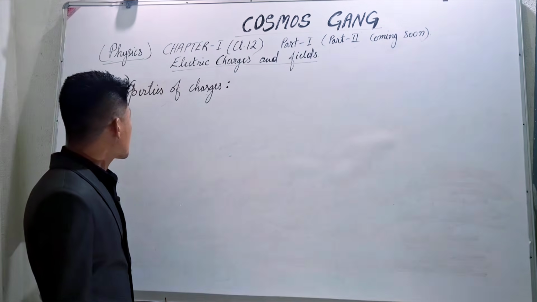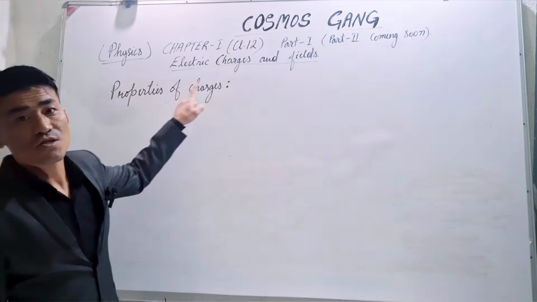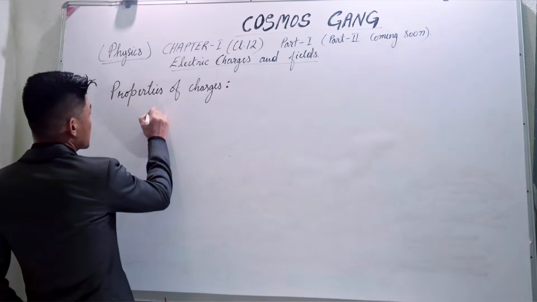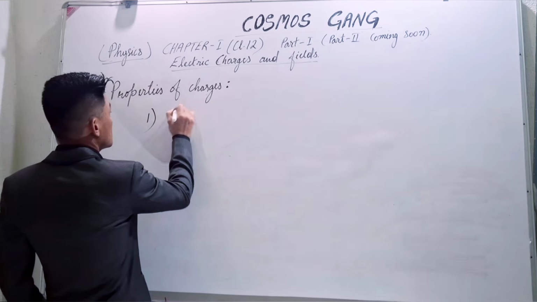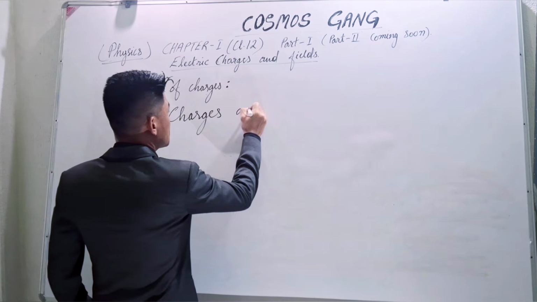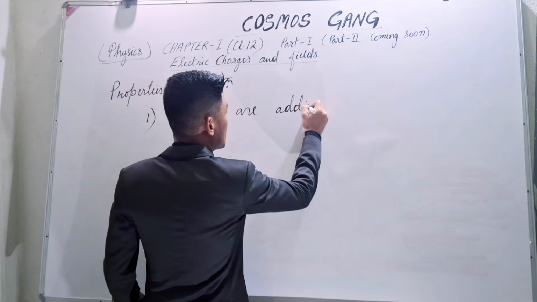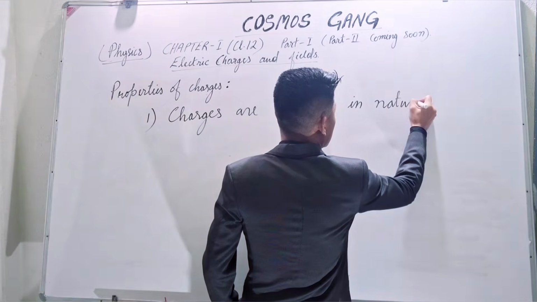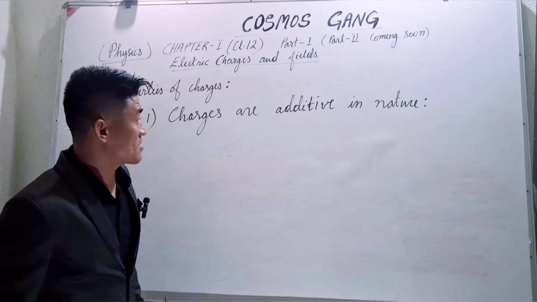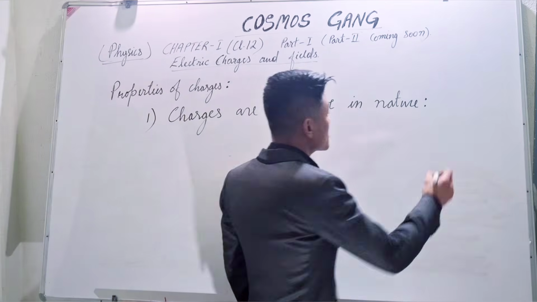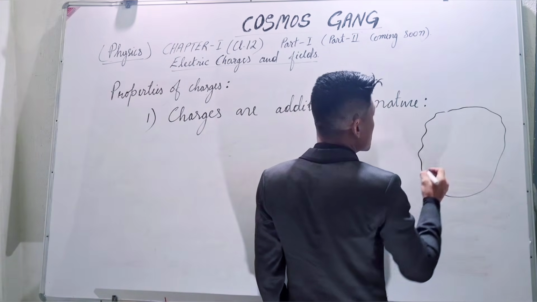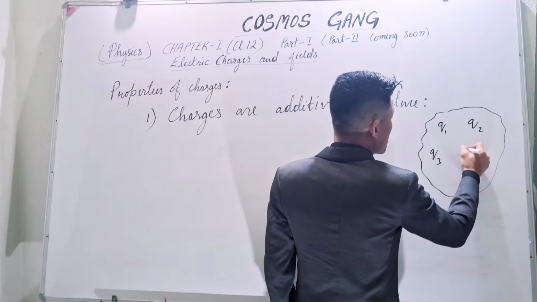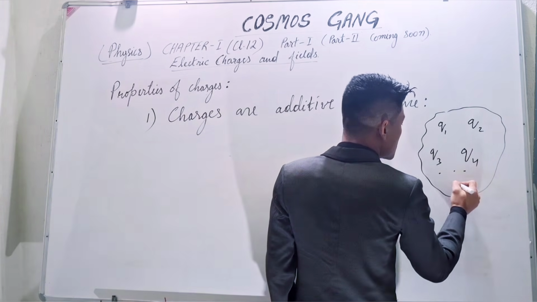Now, let's talk about the properties of charges. The first property is charges are additive in nature. Let's talk about it. I have a system of charges consist of Q1, Q2, Q3, Q4 till Qn.